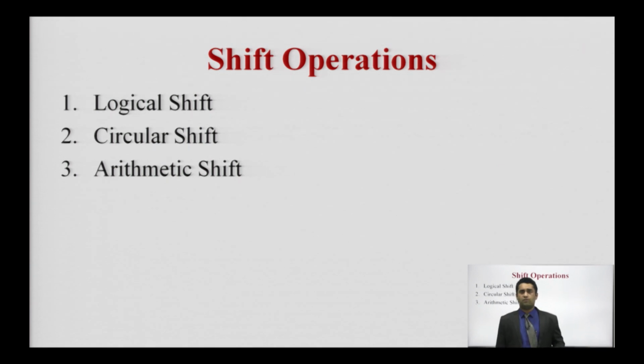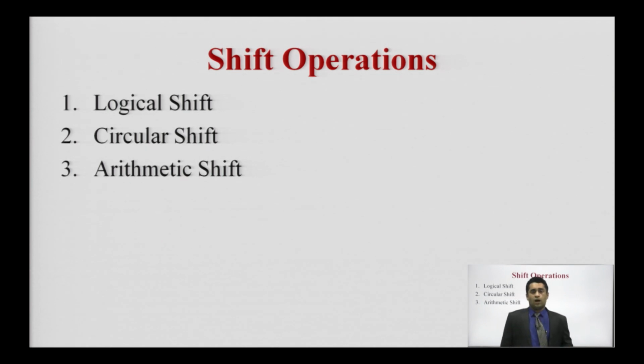Most of the time when we are talking about the shift operations, we work on the logical shift, but in some of the complicated examples, in some of the arithmetic numericals, we are using arithmetic and circular shift as well. Take an example of both, then I will discuss all the shifts in detail with the example.